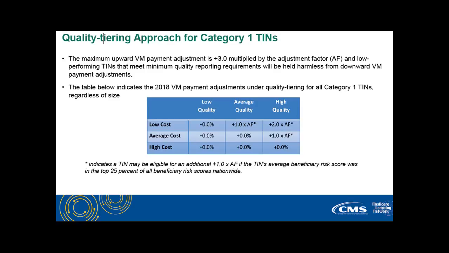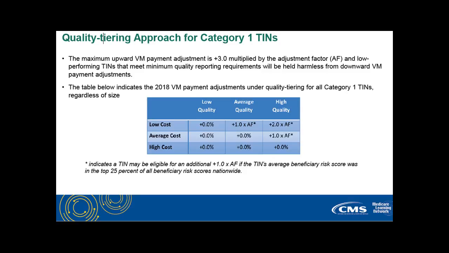So just to walk through the blue grid here in the center for a moment, if you're deemed to be of average cost and average quality, Medicare pays you at the base rate. However, if your quality is average but your costs are lower, you actually get a 1% benefit in terms of the physician's fee schedule. In other words, CMS will pay 101% of the fee schedule to you.